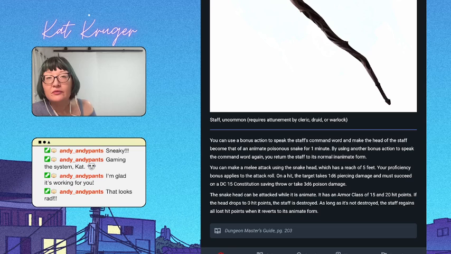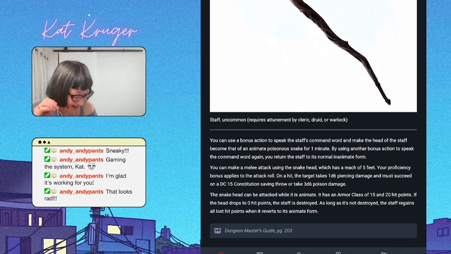Oh, I wonder if we can make it a sentient item. So there are sentient magic items, as any of you who have followed D20 Dames knows.